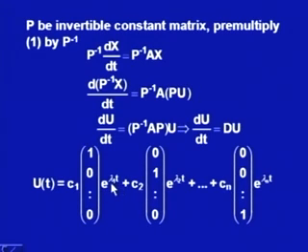What is lambda1? Lambda1 is the first diagonal element in the matrix D. Then we add the second term here, C2, an arbitrary constant, multiplied by this column vector where the second term is 1 and the rest of the terms are 0, and this will be multiplied by e^(lambda2 t), lambda2 being the second term in the diagonal matrix D, and so on.